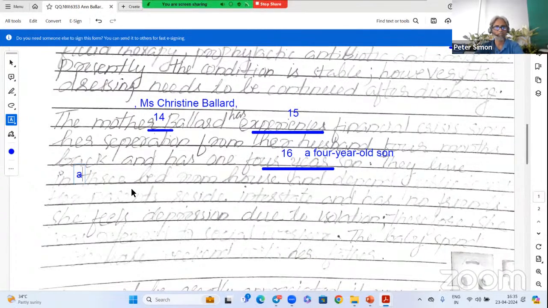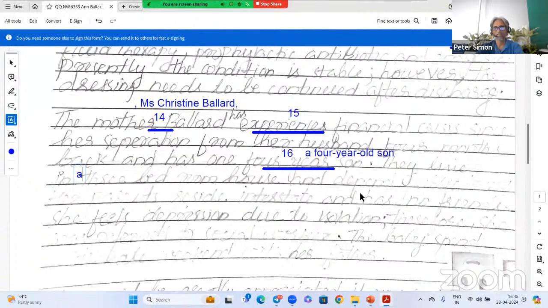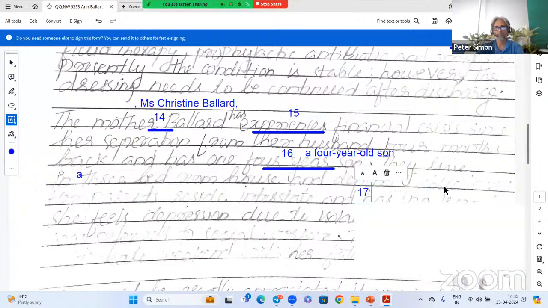Should be very clear. Her parents reside interstate, and she has no friends. Number 17.